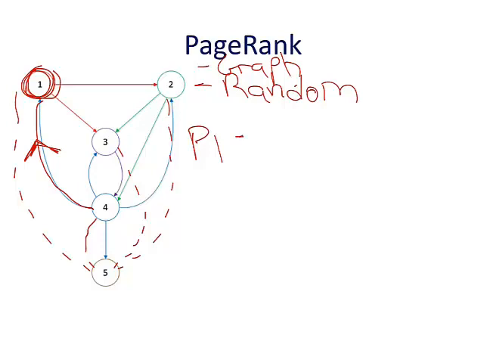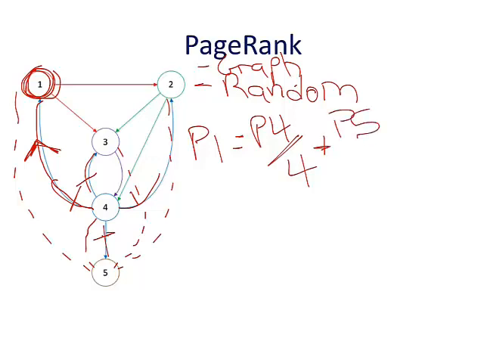So P1 is going to be equal to P4 over 4 now, because node 4 now splits 4 ways in our new example with the dangling node, plus P5, which is for node 5, over 5, because again node 5 splits and also connects to itself.